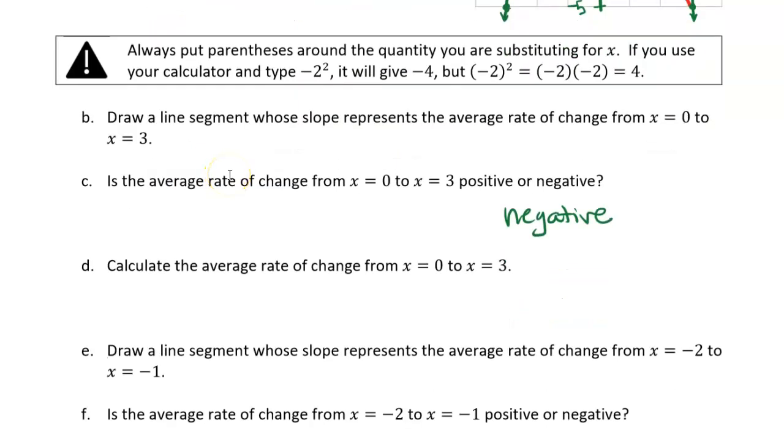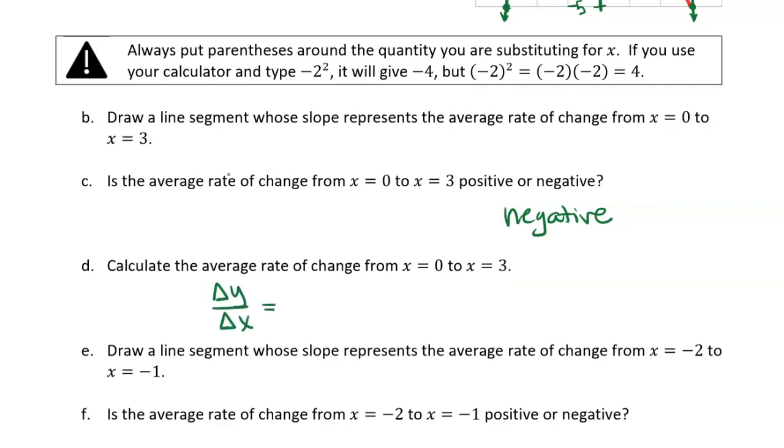The next thing we want to do is calculate the average rate of change. I just said we had a negative rise of 9, and then over 3. But we want to calculate the change in y over the change in x.